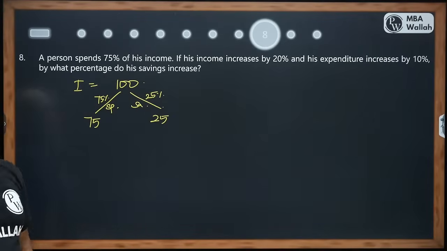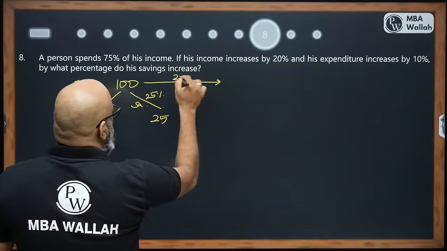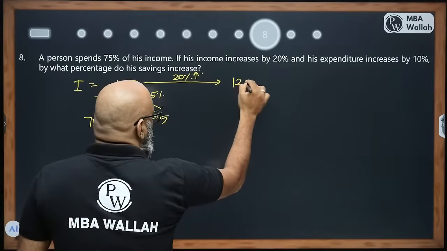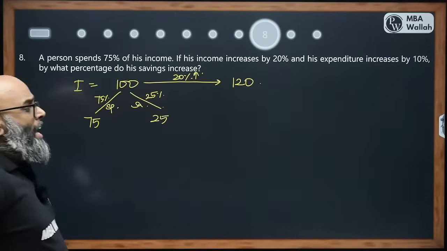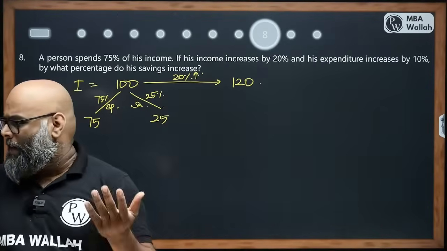But the question says income increases by 20%. So income from here is increasing by 20%, which means your new income is 120. Expenditure increases by 10%. You start earning more, you start spending more.